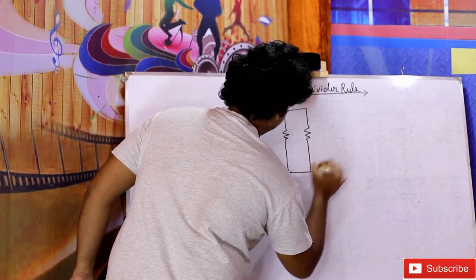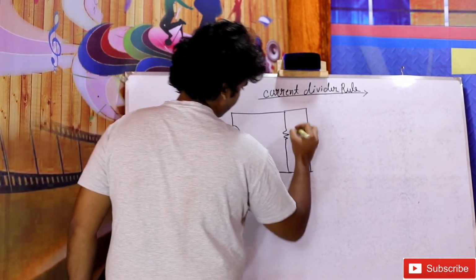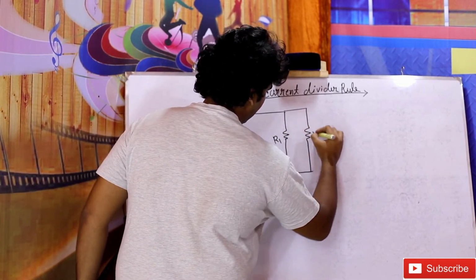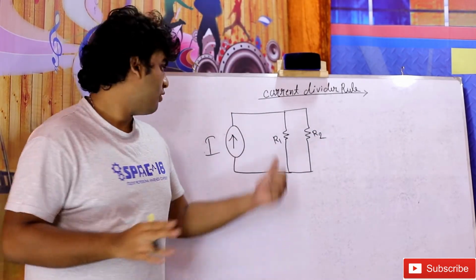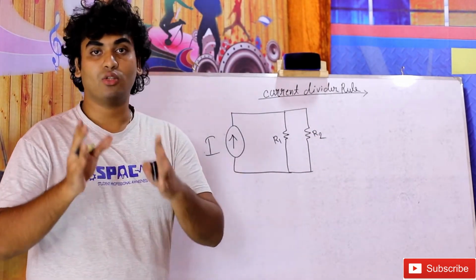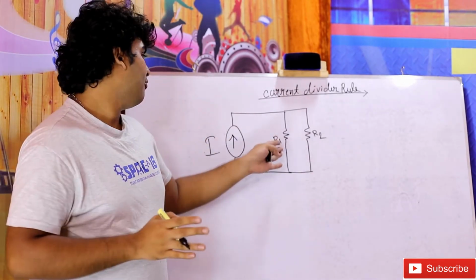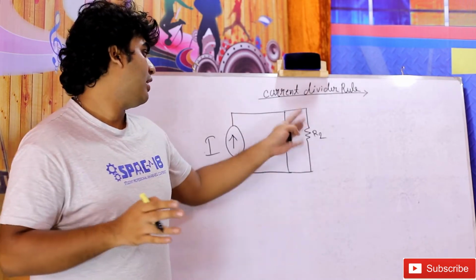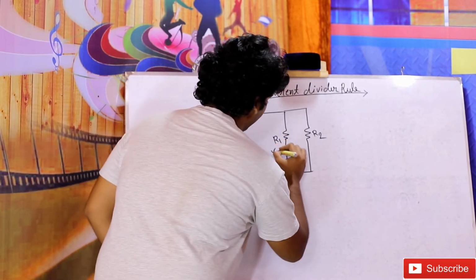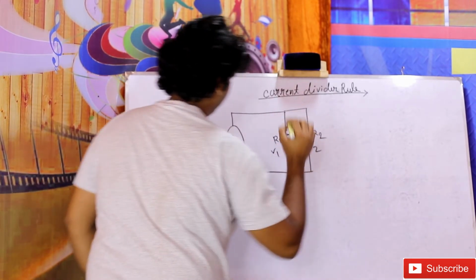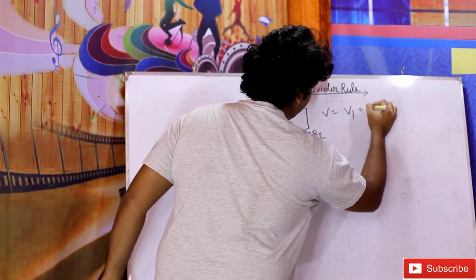This is I, R1 and R2. But we know for a parallel circuit the voltage remains constant. So for the source there will be V, for R1 there will be V1, and for R2 there will be V2. So this is V, V1 and V2. That means V equal to V1 equal to V2.